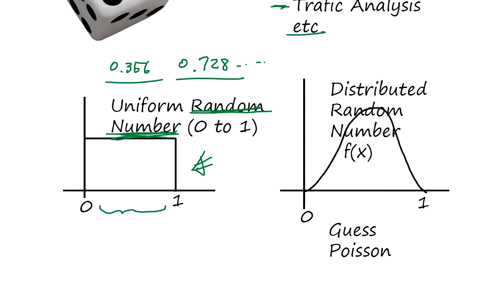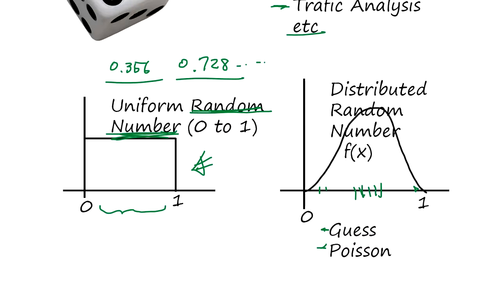But sometimes you need distributed random number. For example, the Poisson distribution or Gaussian distribution, some skewed distribution. You get more random numbers around here than the edge. So depending on the model, you have to select the correct kind of random number to do the simulation.